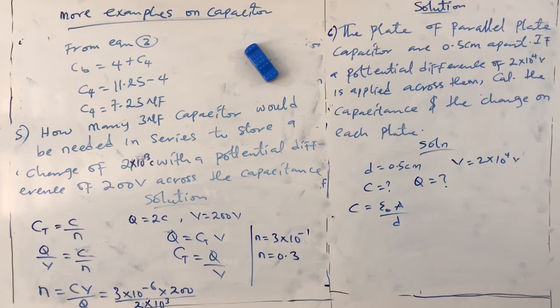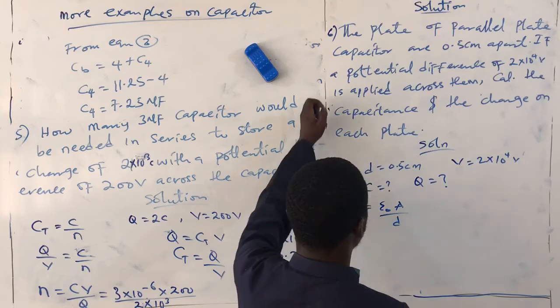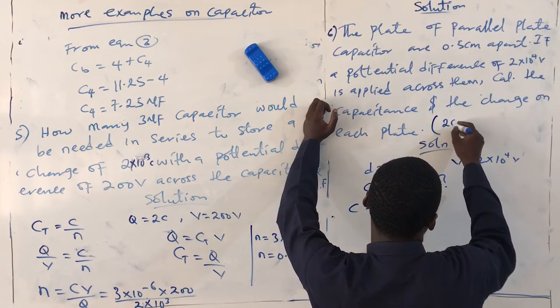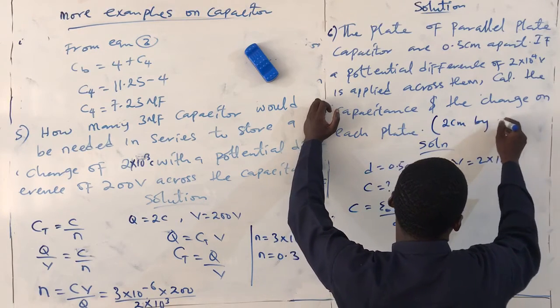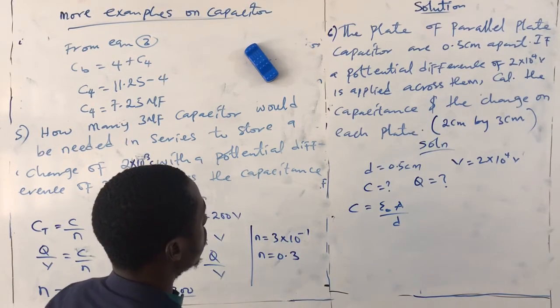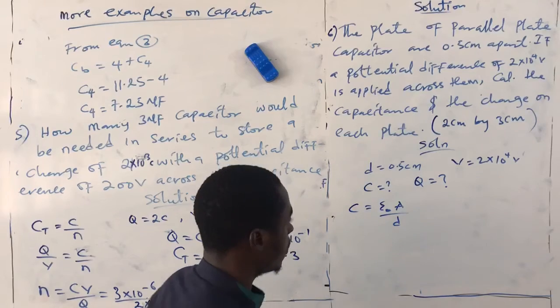So there is something missing in the question. We are supposed to have the area. Let's say we have 2 centimeter by 3 centimeter, that is length and breadth.